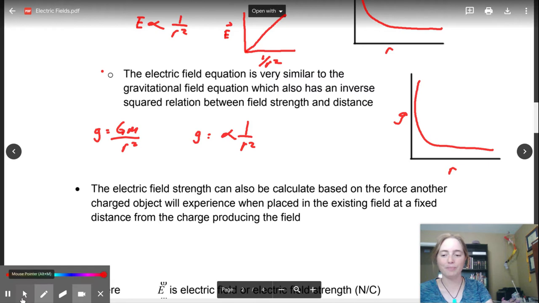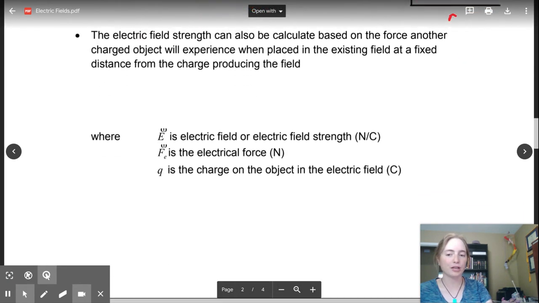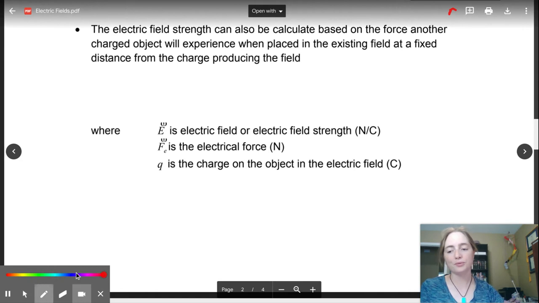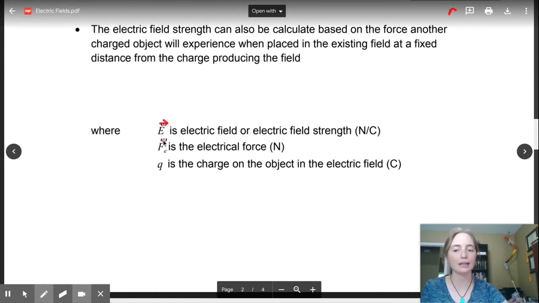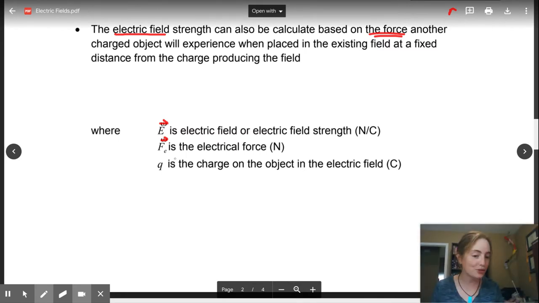Now, ladies and gentlemen, we have another equation that we're going to look at here. This one is a nice, handy, quick little equation that is easy to use and can be used in all sorts of different scenarios. Electric field strength can be calculated from the force another charged object will experience if you stick it inside of that field. So if you have a field producing a charge, and then you stick another charged object in there, you can calculate the strength of the electric field using that force.